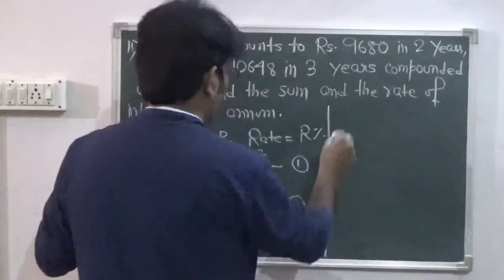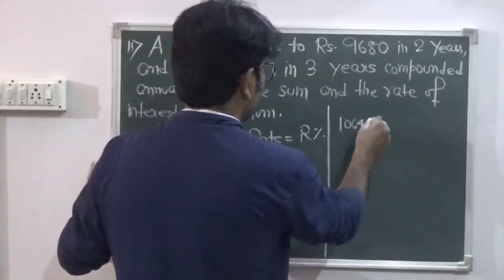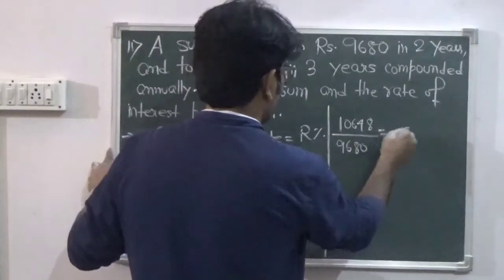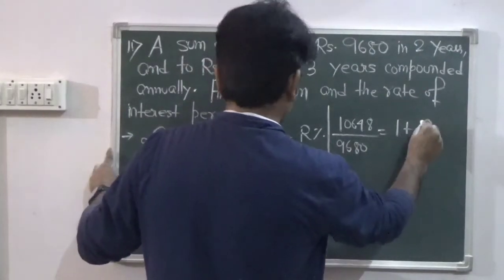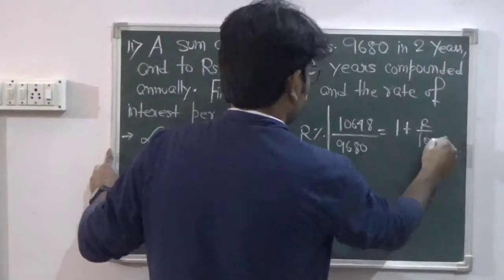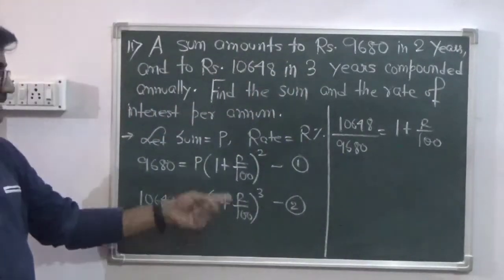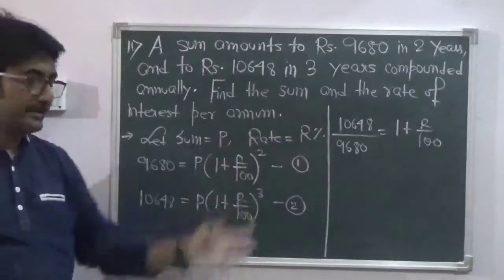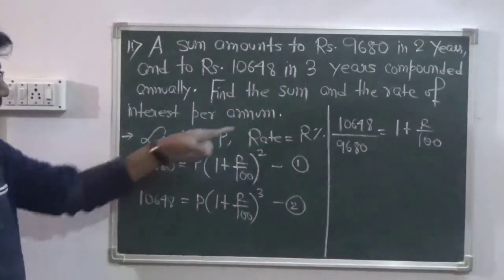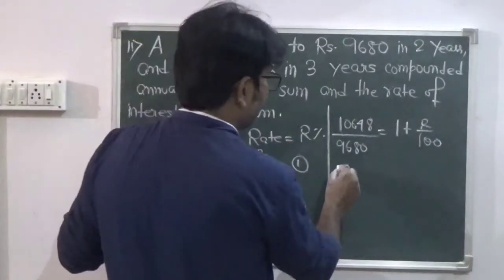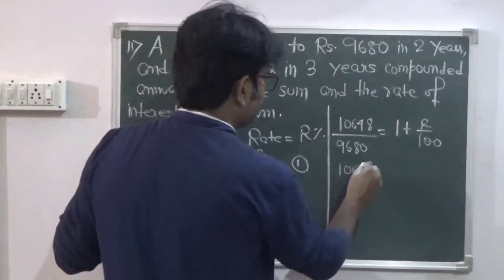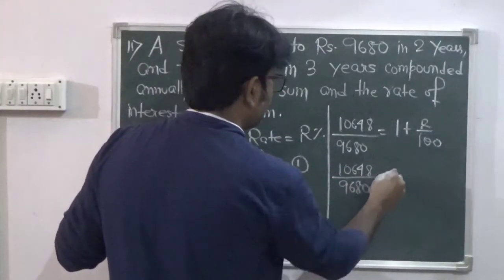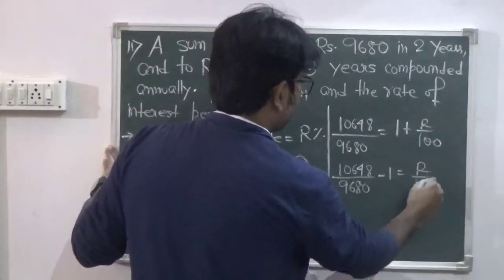So we have 10648 divided by 9680 equals 1 plus R by 100, since P cancels and power 3 by power 2 leaves one power. From here you calculate R: 10648 by 9680 minus 1 equals R by 100.